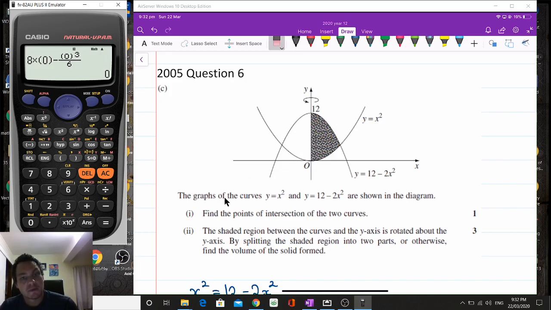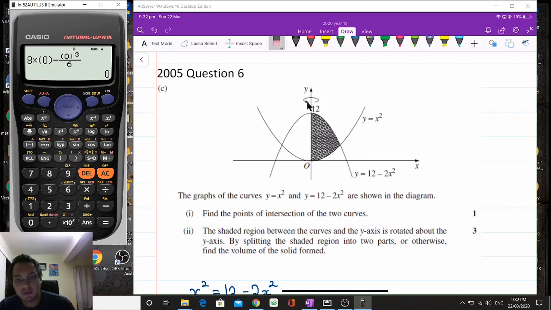Okay, so this is a 2005 question 6, and it asks us to rotate about the y-axis, this shaded area. Okay, so we know we're going to have to use the volume is pi by the integral of x squared dy.